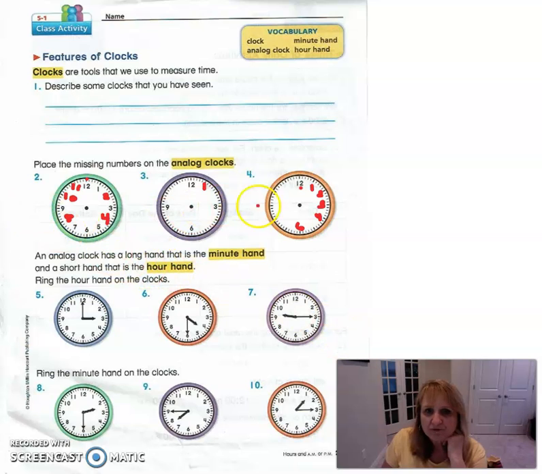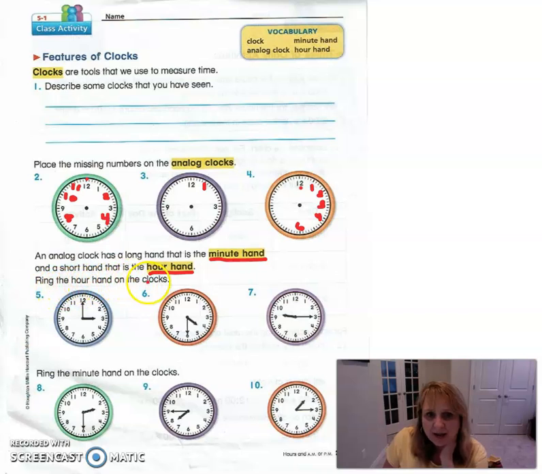When you have finished filling in these 3 clocks, we're going to look down here at number 5, 6, and 7. An analog clock has a long hand that is the minute hand. And remember, that long hand tells us how many minutes have passed by. And a short hand that is the hour hand.